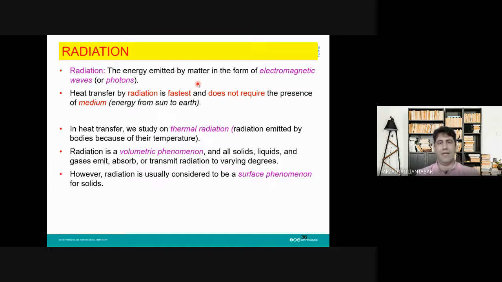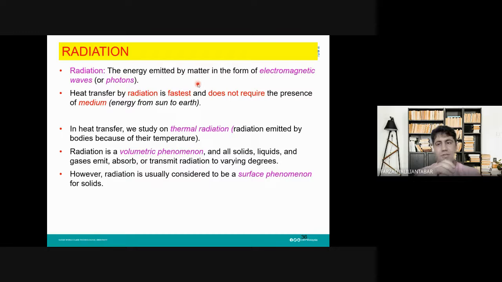So you can feel that, for example, when you are exposed to the sun's rays, the temperature of your body or of any surface which receives the radiation of the sun will increase.